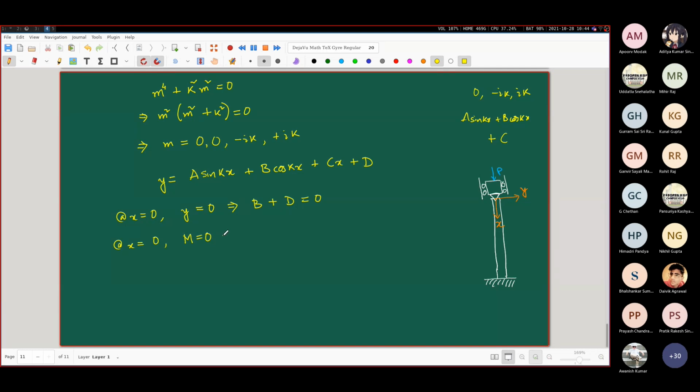M equal to 0 means you have to differentiate this twice.